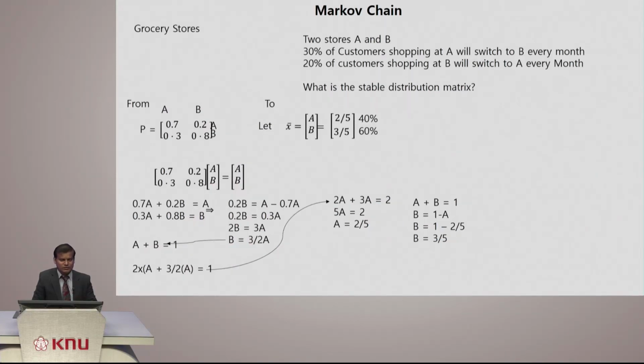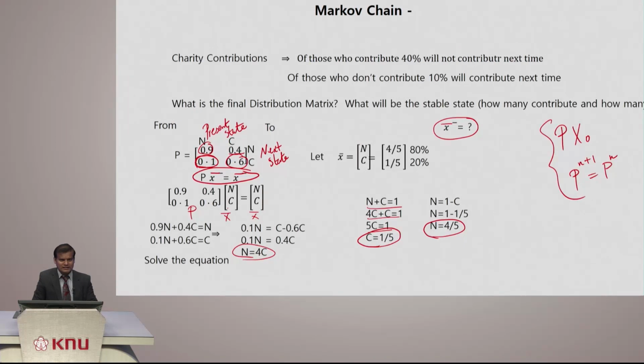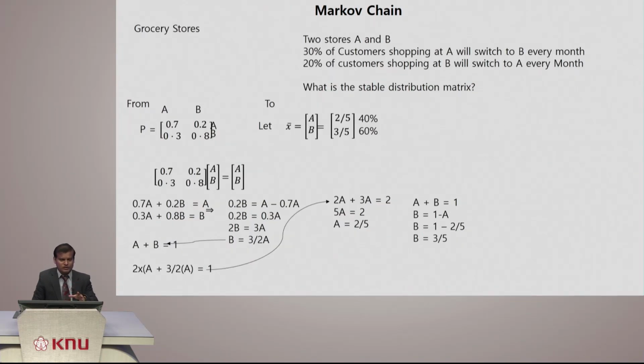I will just leave it up to you to look at this problem here. There are two stores, store A and store B, and this charity contribution problem and this grocery store problem are very similar. So you can check by yourself, all the steps are given to you here, and you can see how it is done, just like the way we have done in the past.